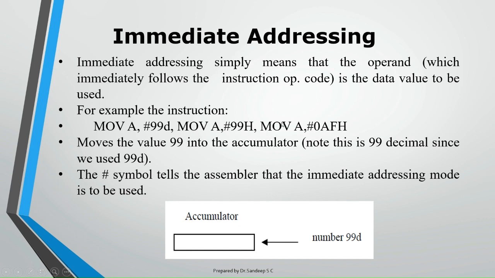And then we have another example wherein we are again transferring a hexadecimal number, but the hexadecimal number we are using in this instruction is AF. Now if I want to transfer this AF to the accumulator, then I have to prefix 0 to it.